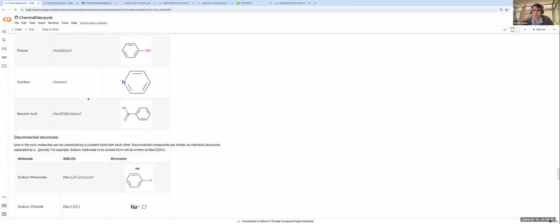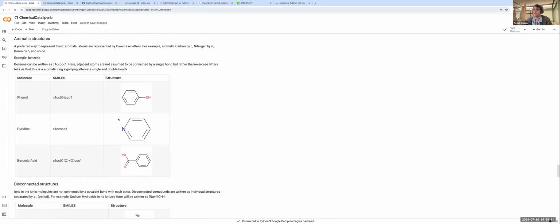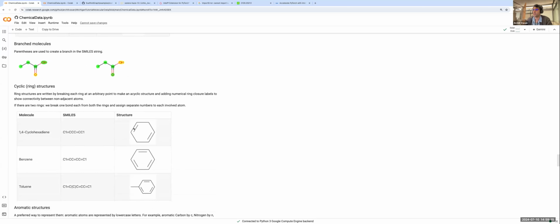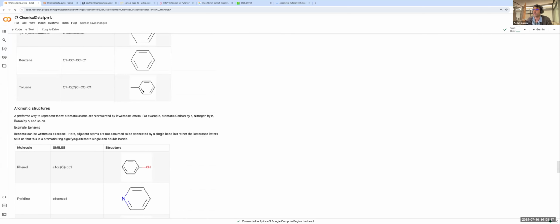But there are a few downsides to using SMILES strings. One downside, and you might have realized this when I was talking about it, is that a lot of these structures, especially things with branches like this, you can see there's a branch right here at C. The way these rings work is that you start at a certain point, then you follow along that ring structure until you reach the end of that ring.